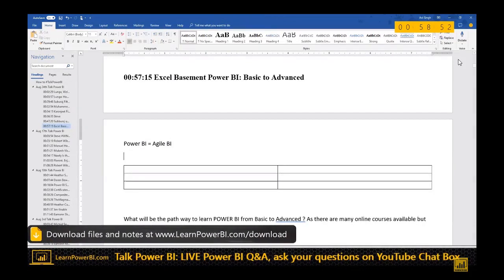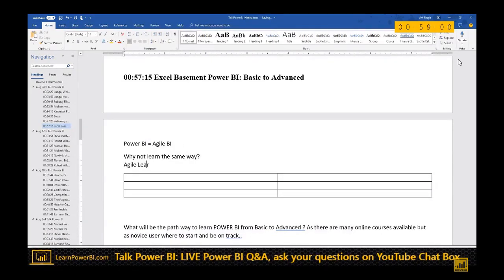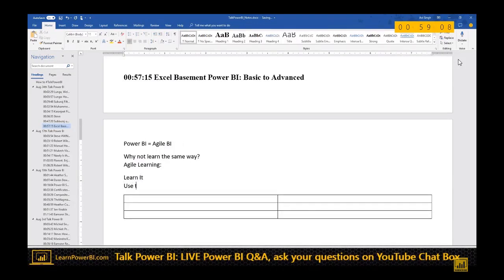But then I ask you, why the heck shouldn't we learn it the same way? Right? So what would agile learning look like? I mean, it would be the cycle, and sometimes it goes something like this.